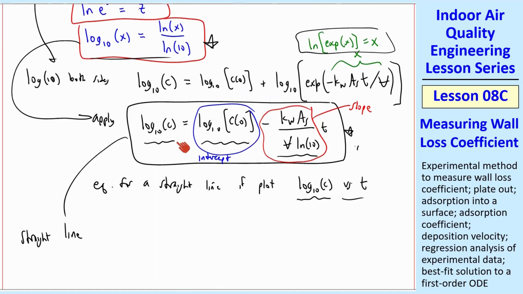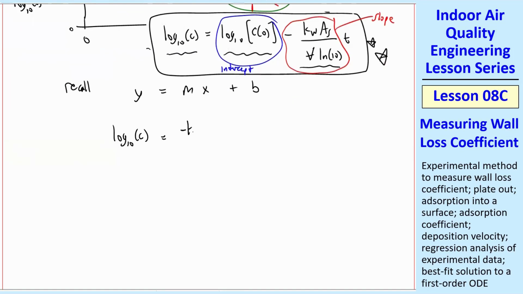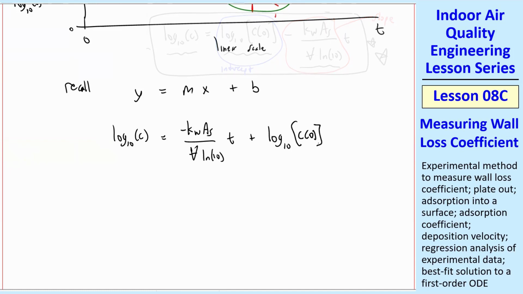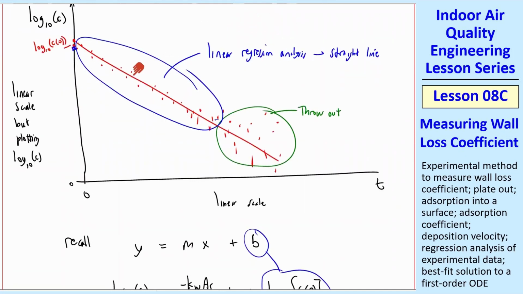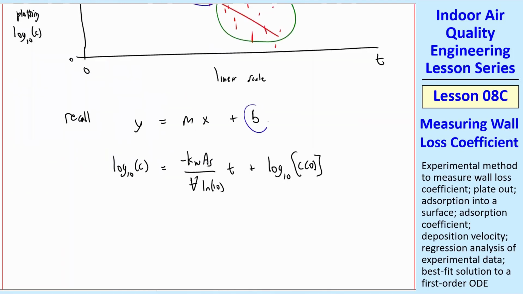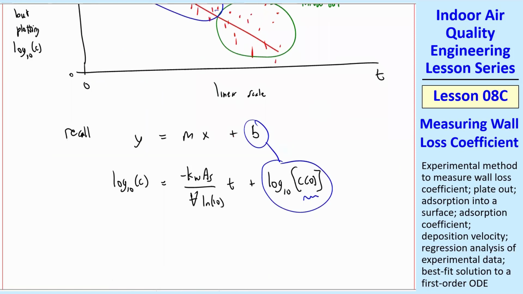Log10 of c equals, rearranging the terms, negative k_w A_s over V natural log of 10, that's just a constant, times t plus log10 of c0. When you do a linear regression analysis, this red line is the regression line. You see that this is b, and then we have this slope equal to this whole thing.